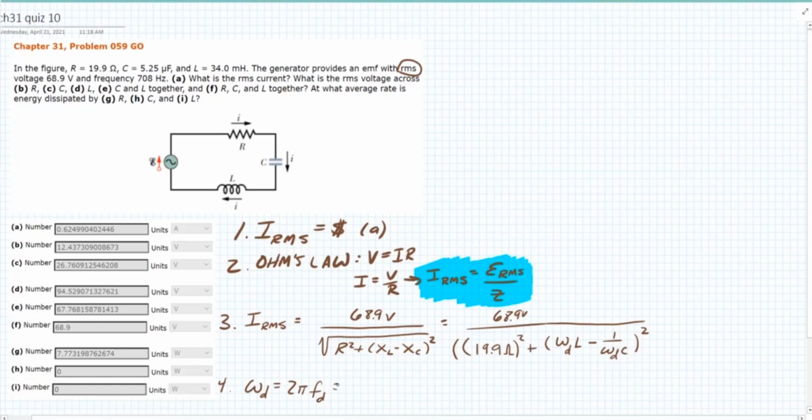The driving frequency for me is 708 hertz. So let's get a number on that, and then store that in calculator memory location A. 2 times pi times the frequency.